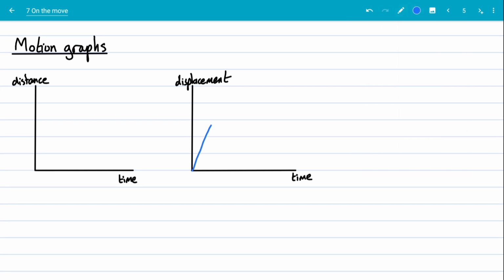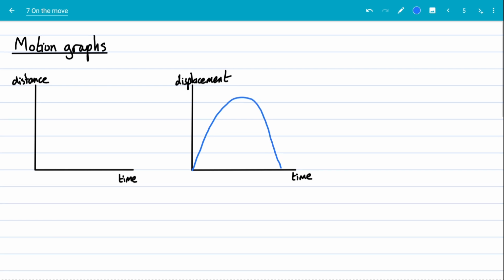So if we have a displacement time graph that does something like this, and the corresponding distance time graph, scaled down on the y-axis, is going to go up like this, and then carry on going up like this. They show perhaps equivalent motions. They show the same thing.